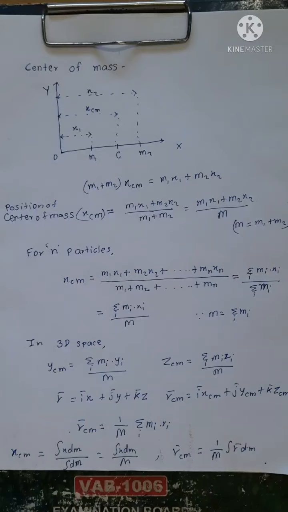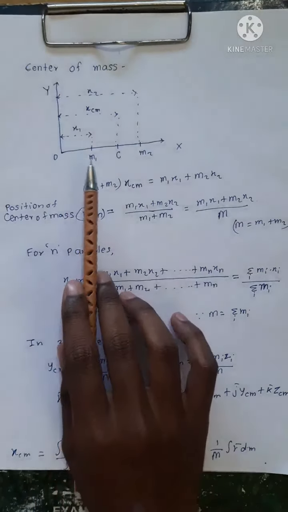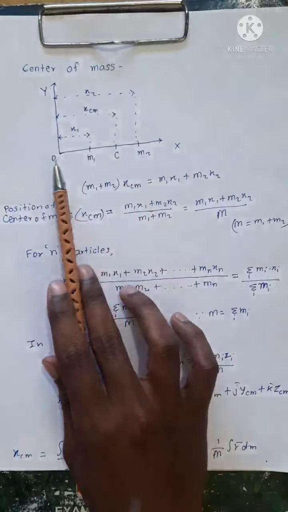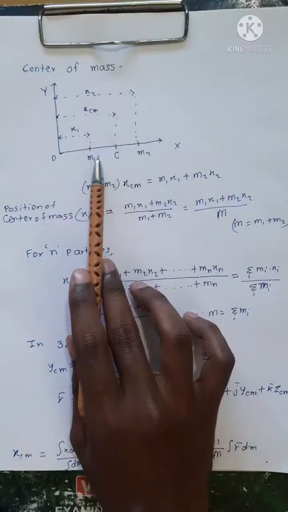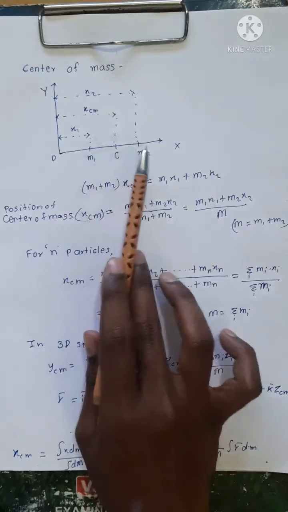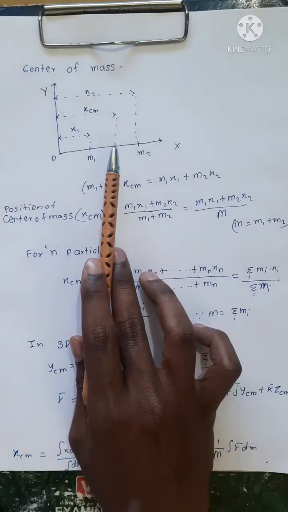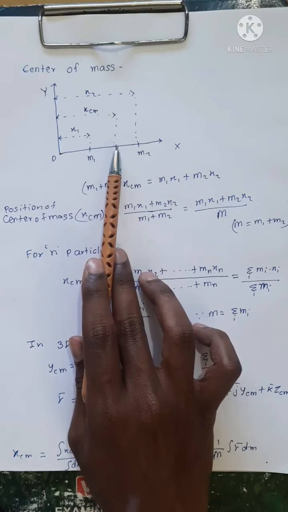So let's study center of mass. Consider 2 point masses m1 and m2 at distances x1 and x2 from the origin. And suppose the whole mass of the system, that is m1 plus m2, is concentrated at this point, which is the center of mass.